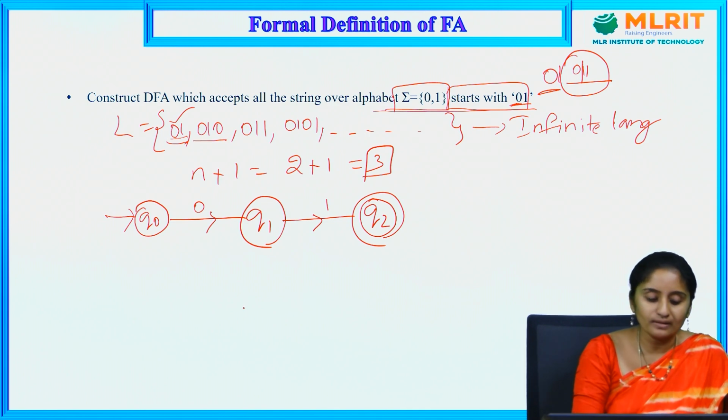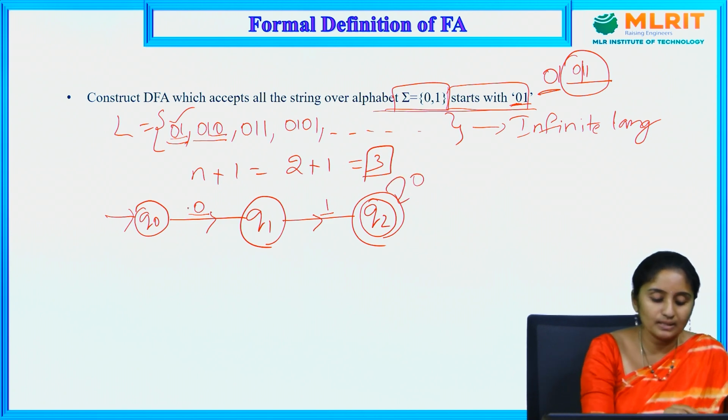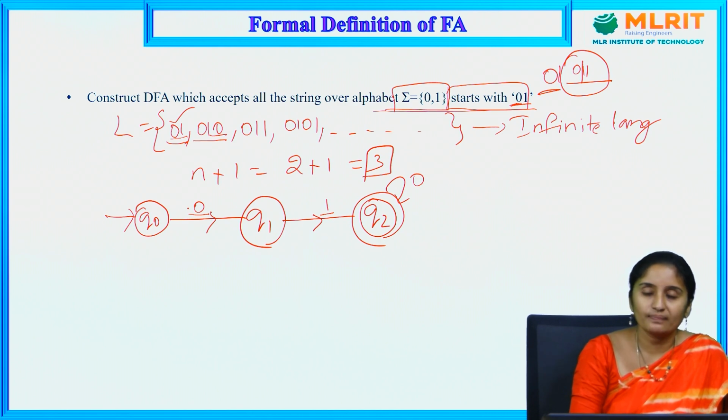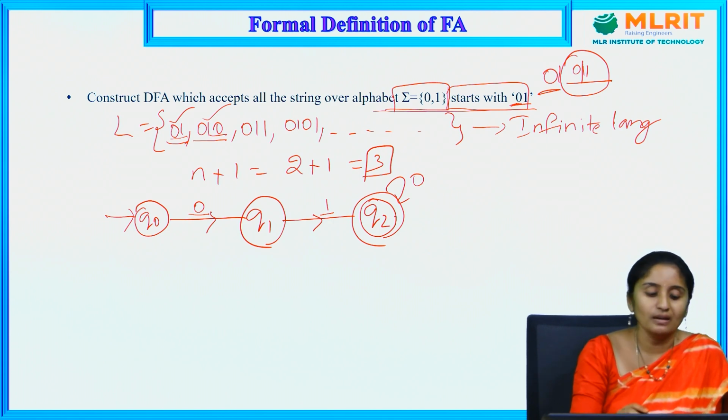0, 1, 0. So the ending can be anything, but the starting is fixed. Let me check whether this string is accepted or not. We have discussed how to check: if it starts from the starting state and reaches the final state, we say that the string is accepted.